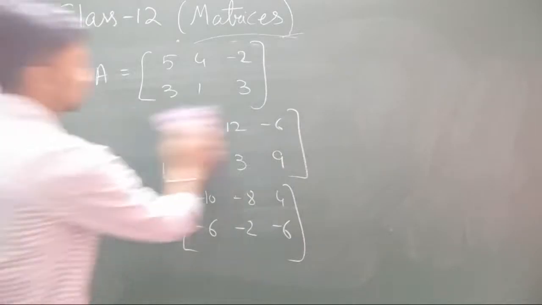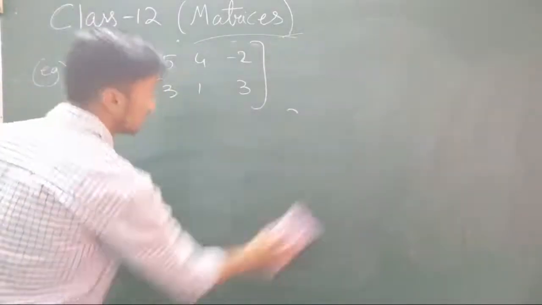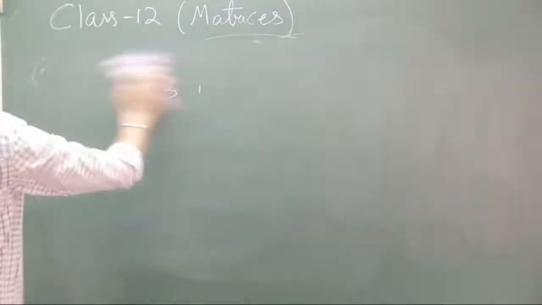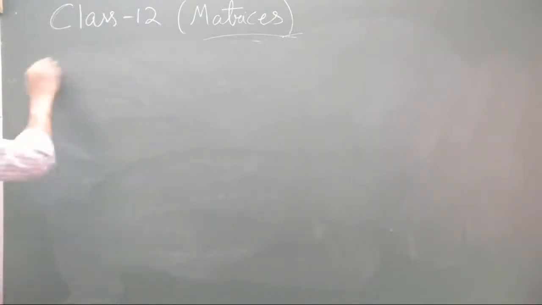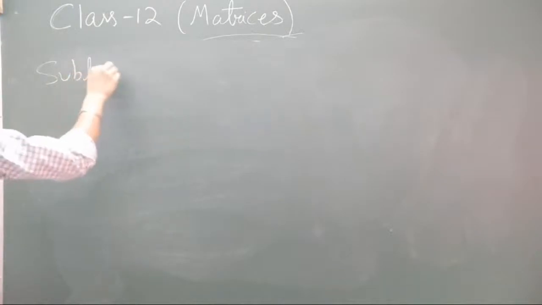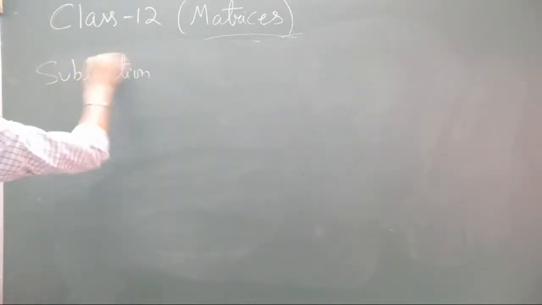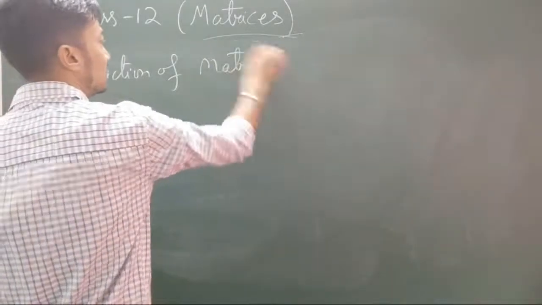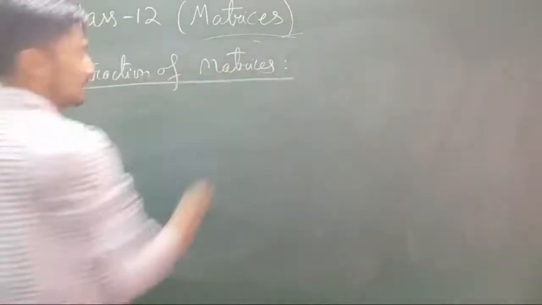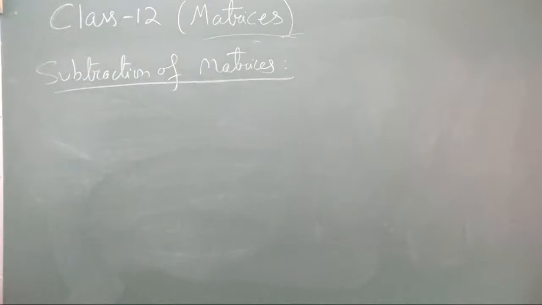Alright. So these are the two basic operations on matrices, as I said, subtraction as well as addition. For subtraction also you can write something, if you wish. Subtraction of matrices. Calculation, as I said, will be simple, we'll be just subtracting.